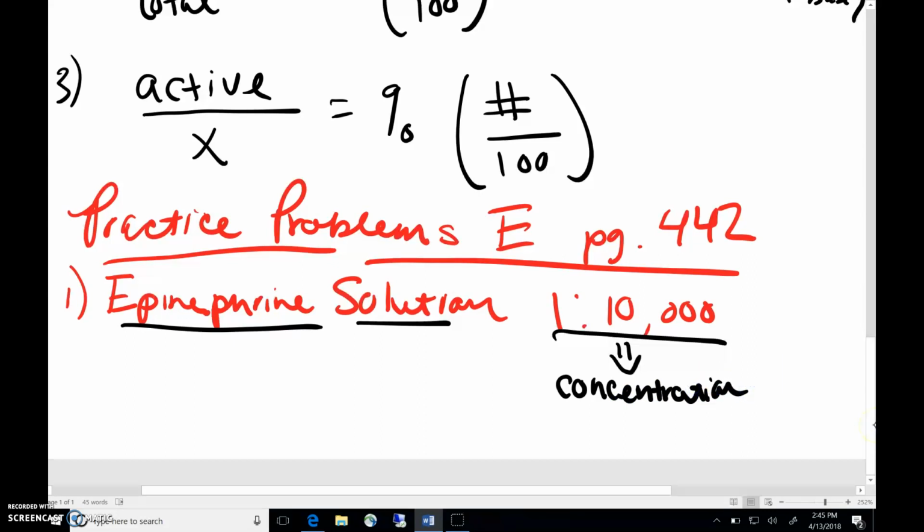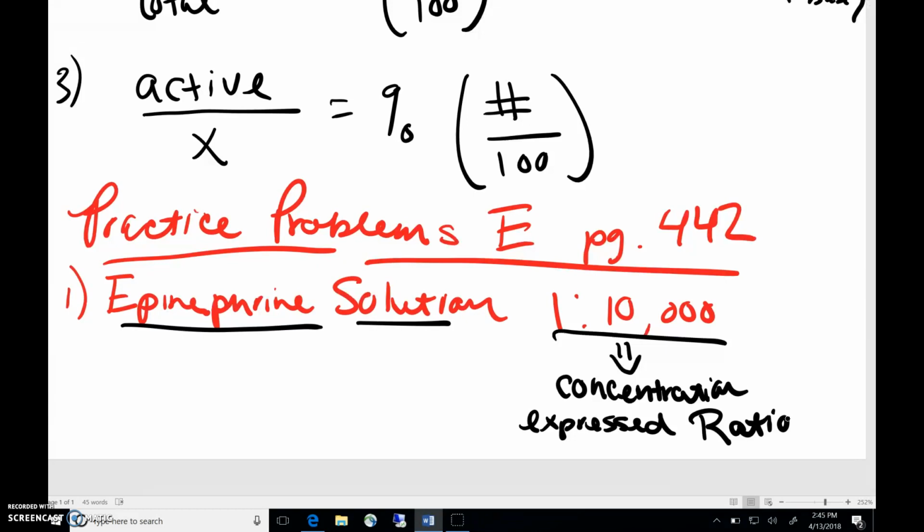In detail, it is expressed as a what? It is expressed as a ratio. So now you guys need to determine, well, what type of concentration is it?